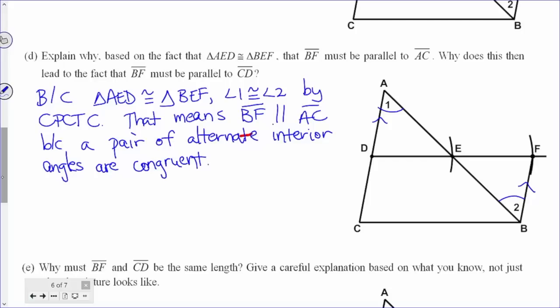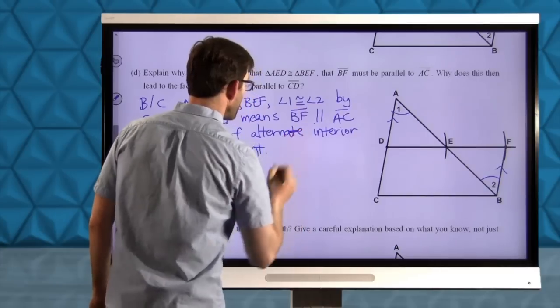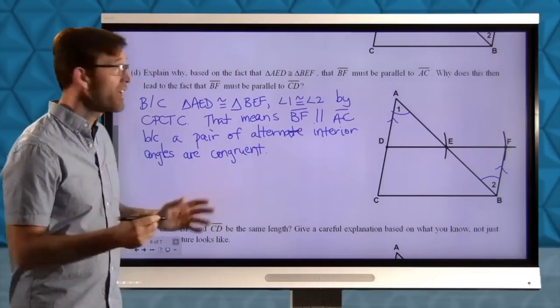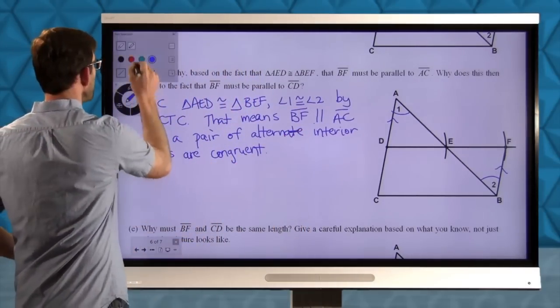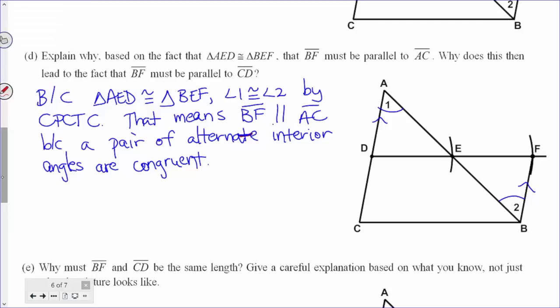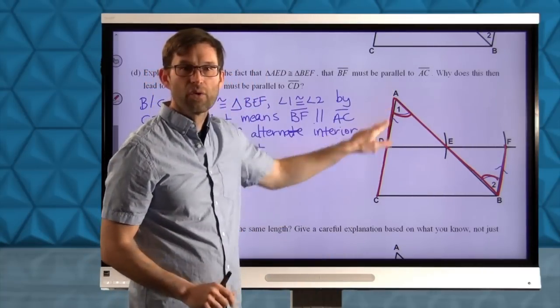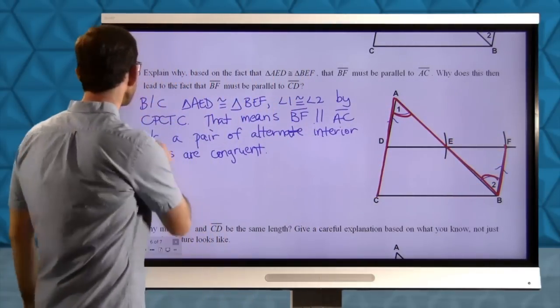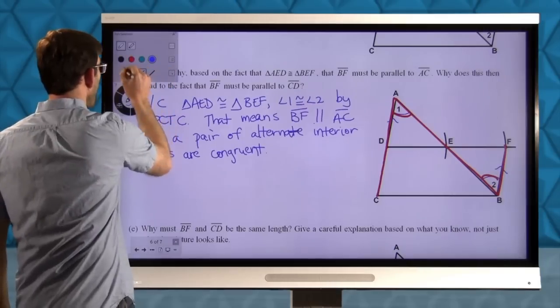Oh, the greatest smartboard quirk going there. Alternate interior angles are congruent, right? They're the angles of the Z. Now I'm going to change to red on purpose. If I draw in the Z, these two angles are congruent by CPCTC, and because they're congruent, AC and BF must be parallel. Now that wasn't the end of the question.